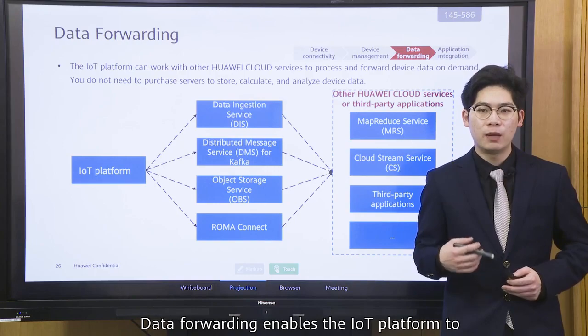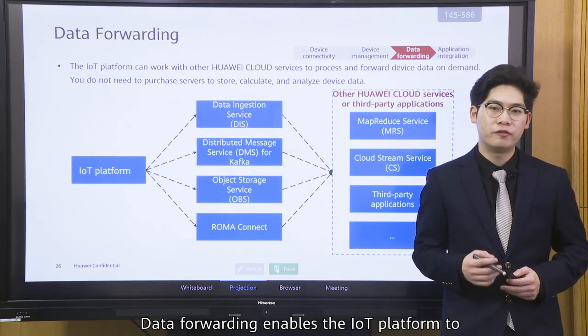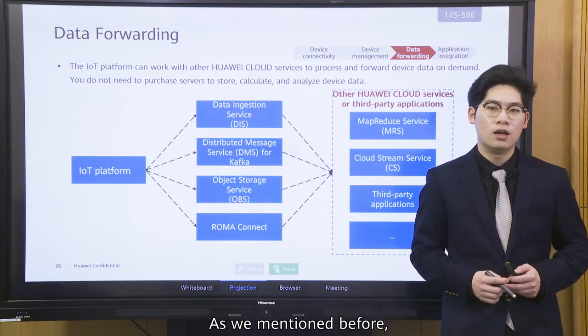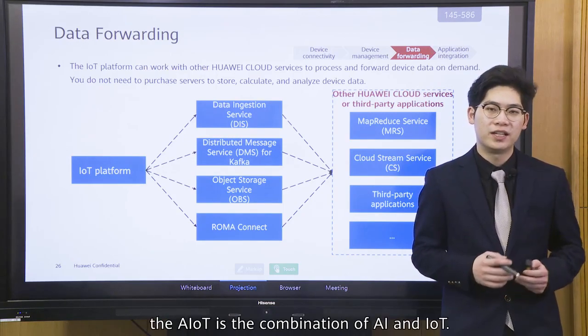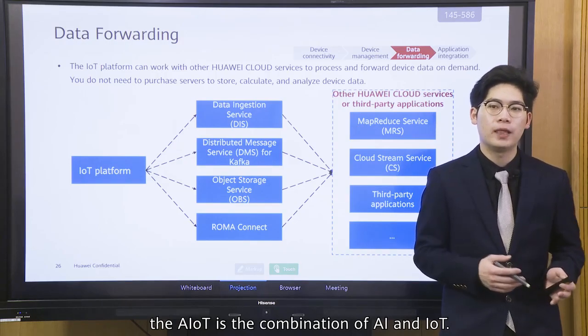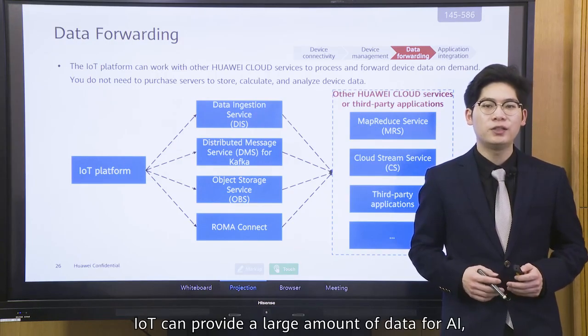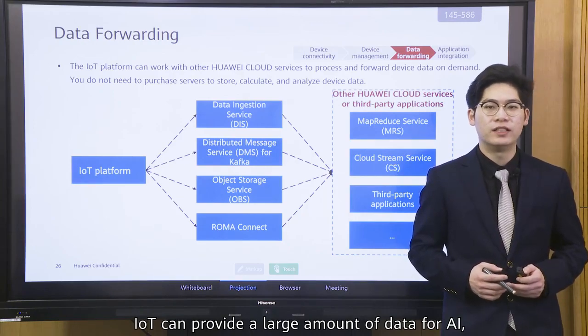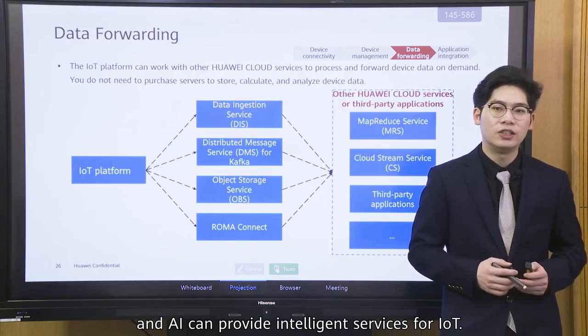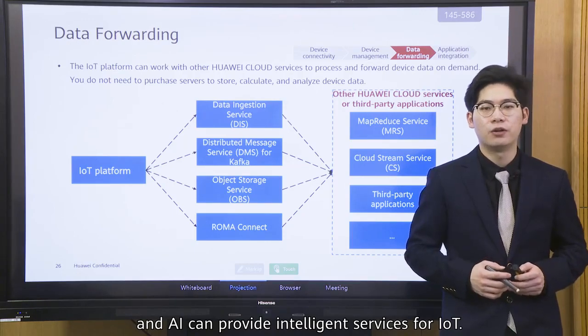Data forwarding enables the IoT platform to forward data to other Huawei Cloud services. As we mentioned before, the AIoT is the combination of AI and IoT. IoT can provide a large amount of data for AI, and AI can provide intelligent services for IoT.